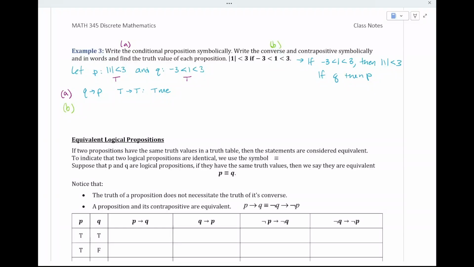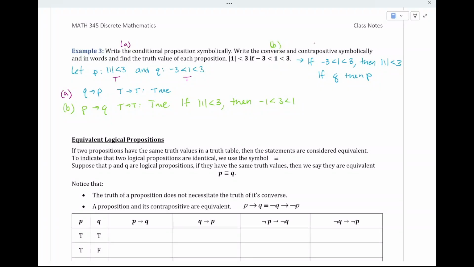I'll do that in B. So my converse is going to be the opposite of this. P implies Q, which is true implies true, which is still true. And I want to write that one in words. If the absolute value of 1 is less than 3, then -3 is less than 1 is less than 3.